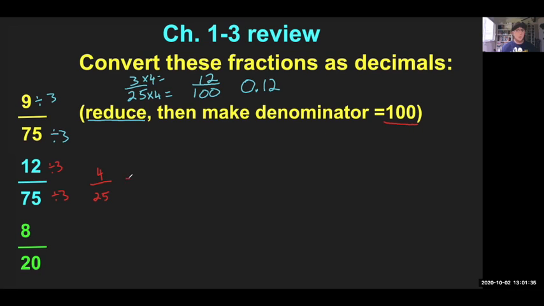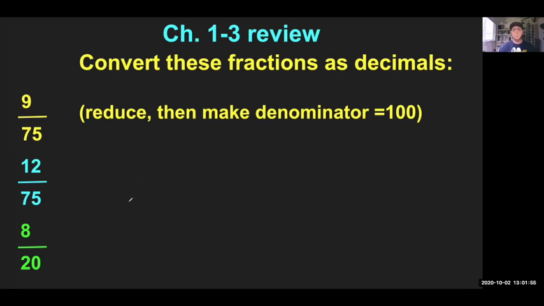So we're going to do equals blank over 100. 25 times 4 is 100, so 4 times 4 is 16. So to turn this into a decimal, it would be 0.16. Cool.